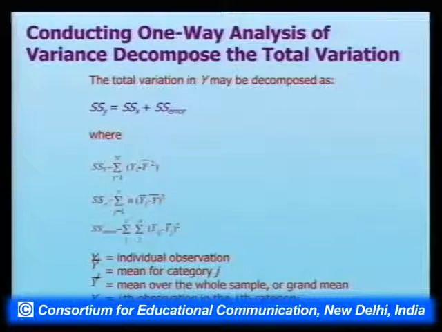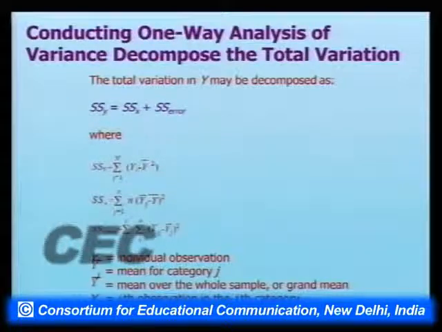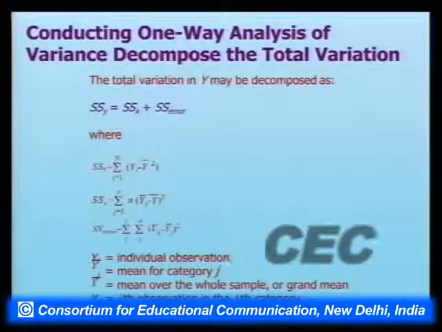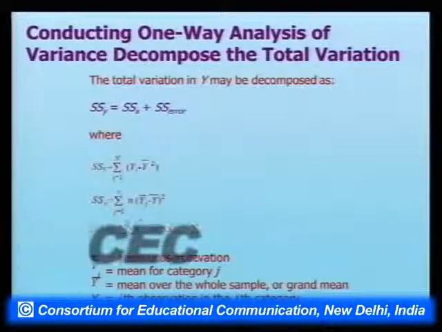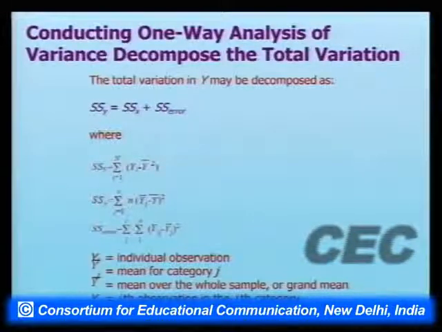The total variation SSY is the sum of SSX plus SS error, where SSY is the squared deviation of each data point from the mean of that entire data set.